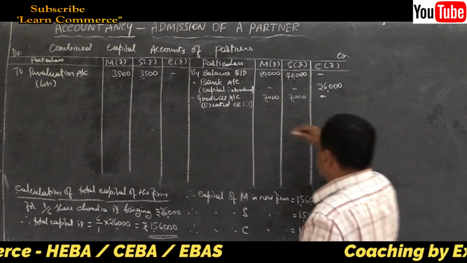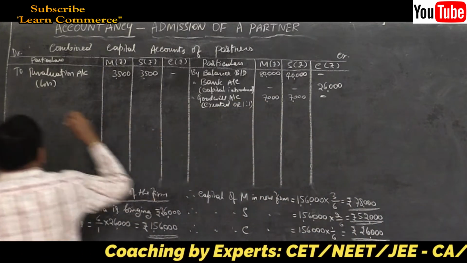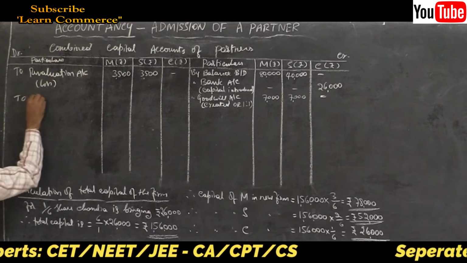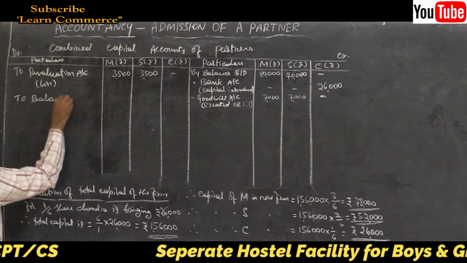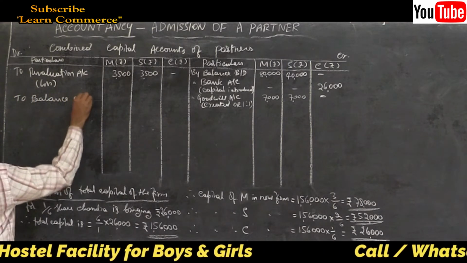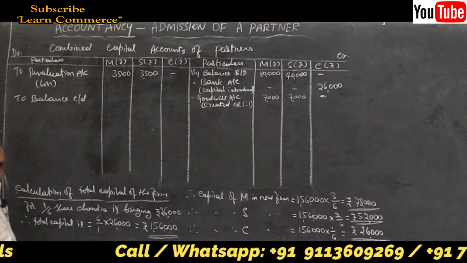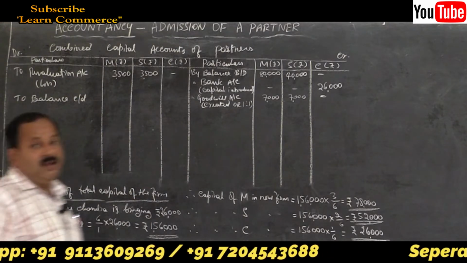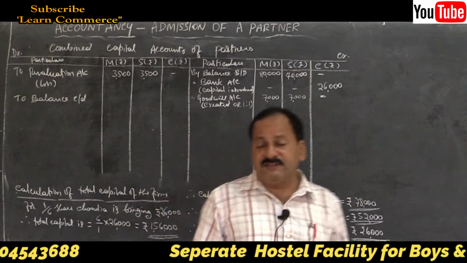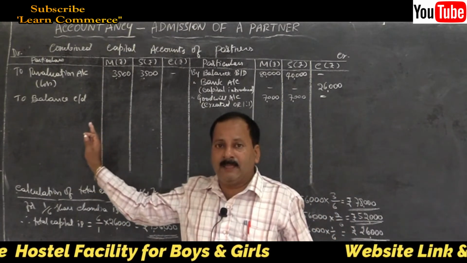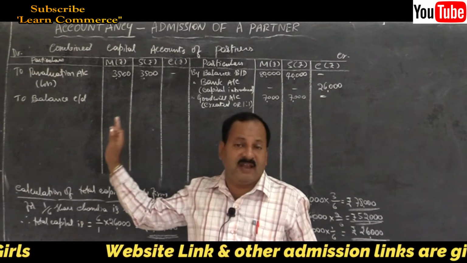Let us close this. So, to balance carried down, we will write this balance first. This is not a balancing figure, remember. In other cases, you used to write the balancing figure as the final balance, but this is not a balancing figure.